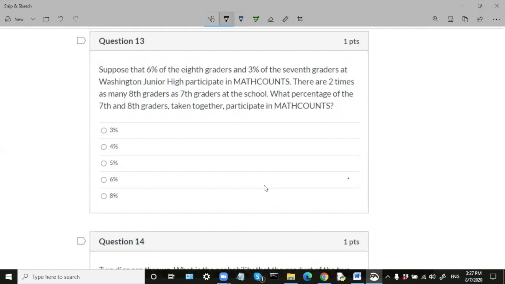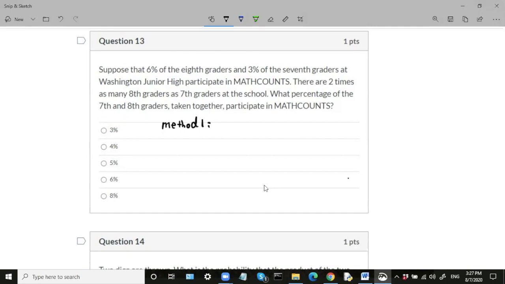Okay, so method 1, non-algebra. Let's just give numbers to the 8th graders and the 7th graders at Washington Junior High.